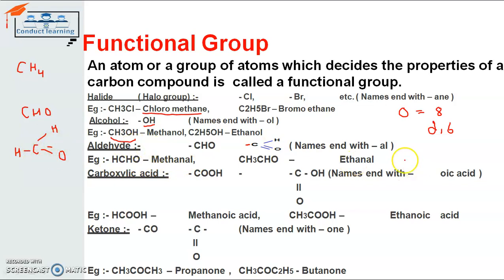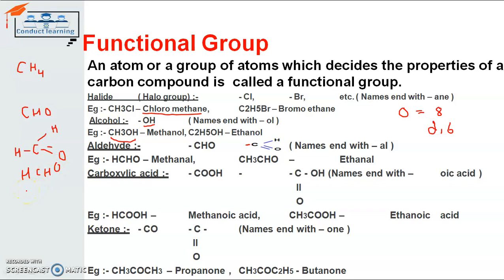The functional group is contained in the name as Al, so the name becomes methanol for this, and the chemical formula for this becomes HCHO. This is for methane. If the same example is for ethanol, how will it be written?